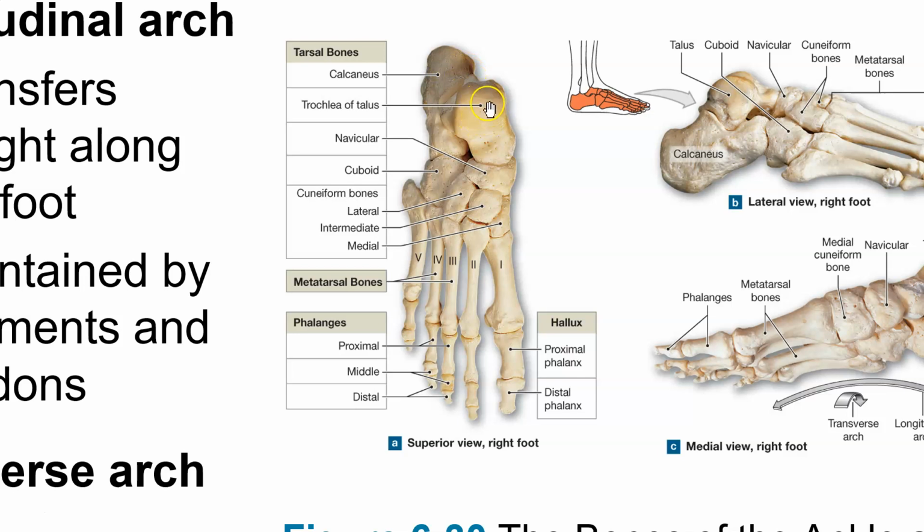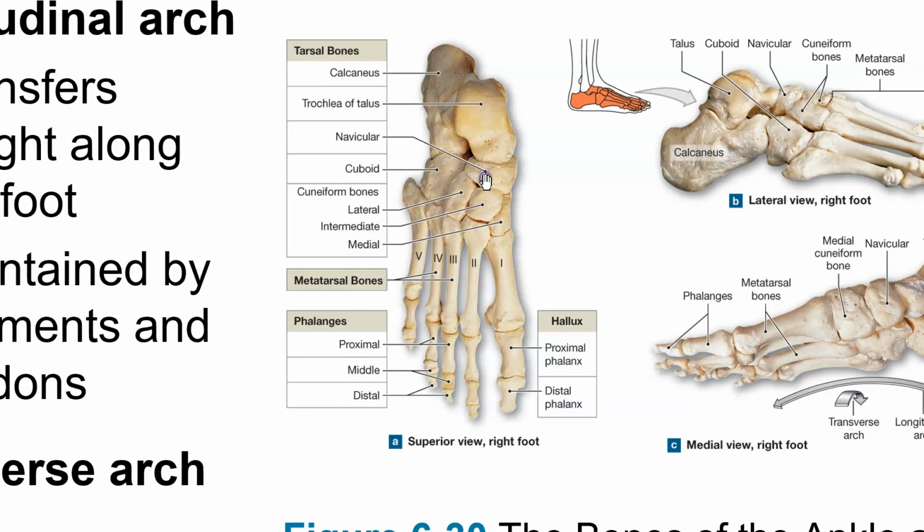This is the trochlea of the talus, which articulates with the tibia and fibula to form the ankle joint. This is the navicular bone, and then you have the cuboid bone, and then lateral, intermediate, and medial cuneiform bones. Here are your metatarsals, and then here are your phalanges.